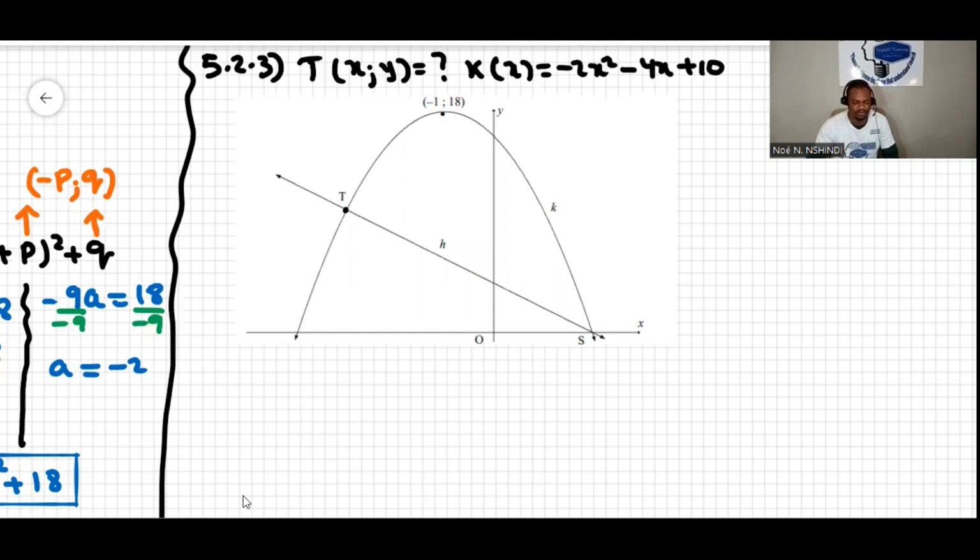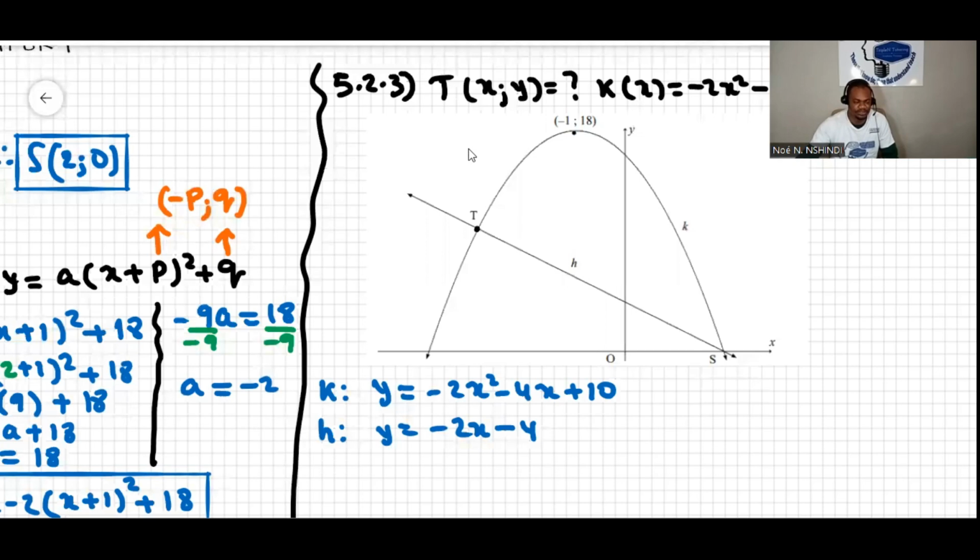K of x will be y equals negative 2x squared minus 4x plus 10, and h of x is y equals negative 2x plus 4. Let me double check the equation of h: plus 4.